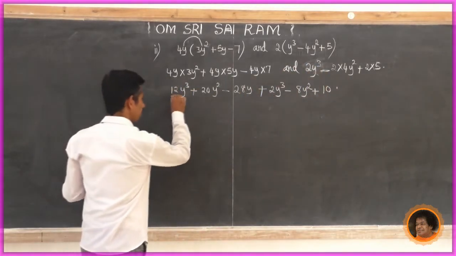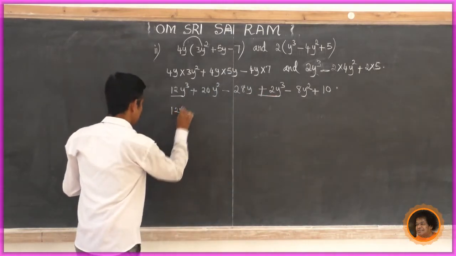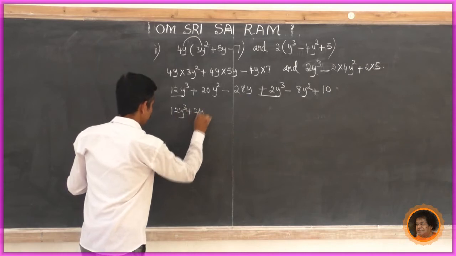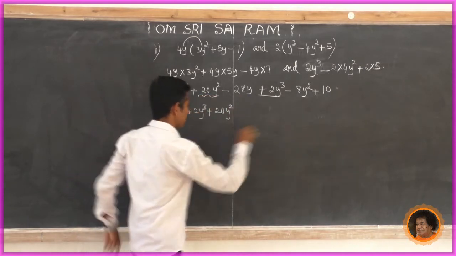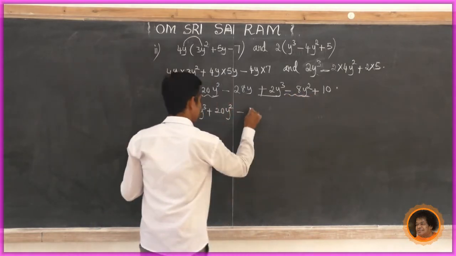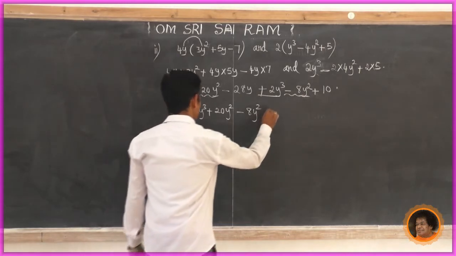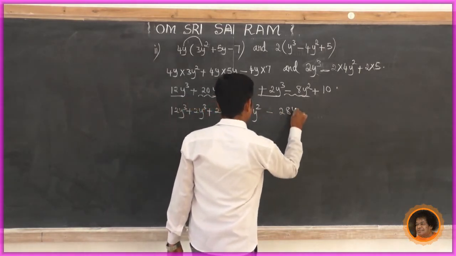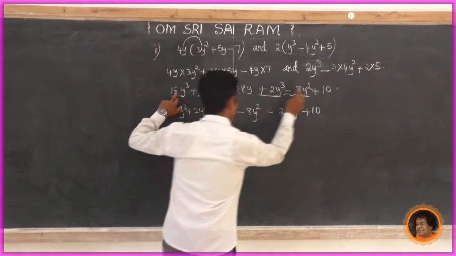Now write 12y cube plus 2y cube together, then 20y squared and minus 8y squared, minus 28y plus 10. How many terms? 1, 2, 3, 4, 5, 6.